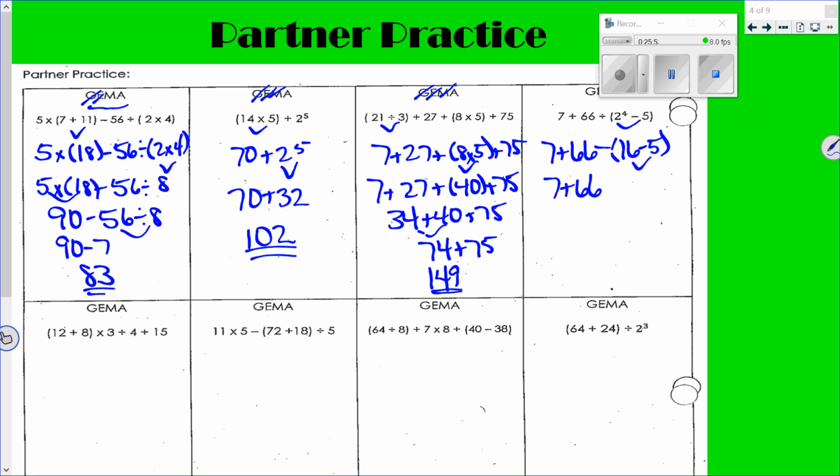Which does bring me to a point, guys. Be careful as you recopy these lines that you don't make a math error. Don't try to go so quick that you mess something up simple. So 66 divided by 11. That's groupings, no exponents, multiplication, division. I do have a division piece here. So 66 divided by 11 gives me 6. Now it's just adding those two for 13.